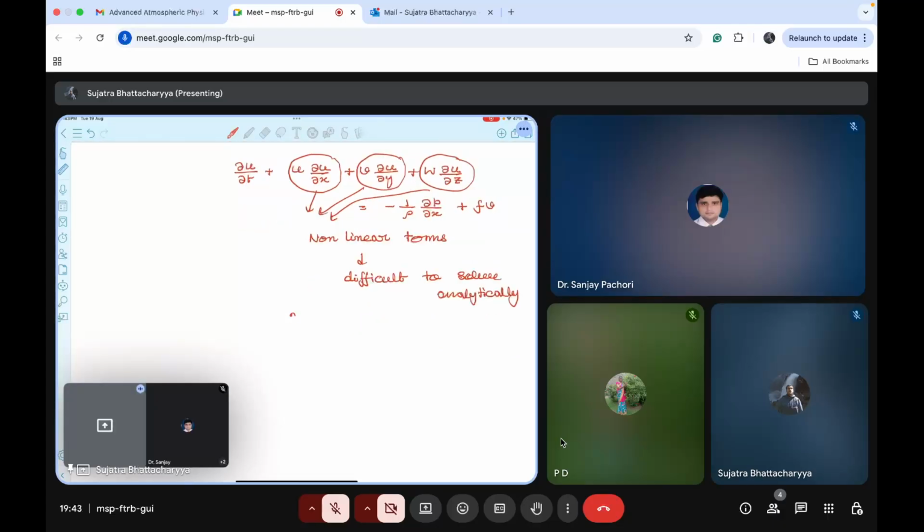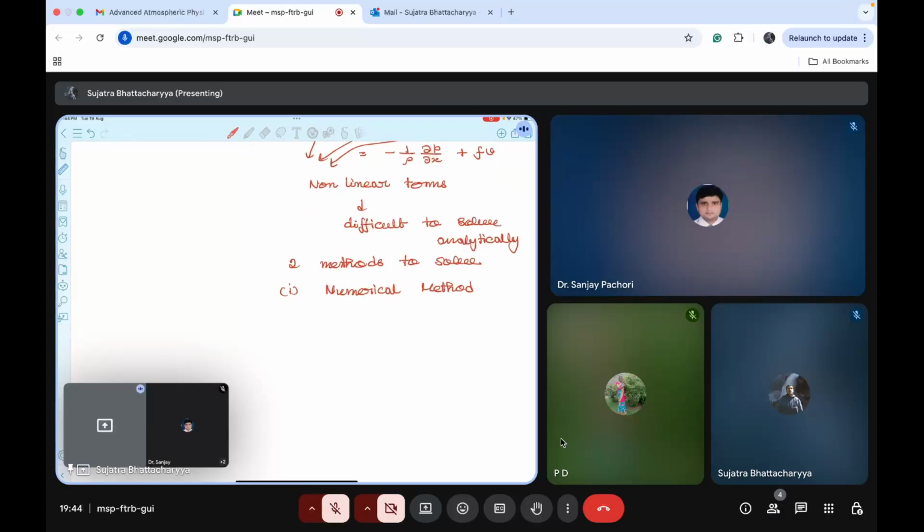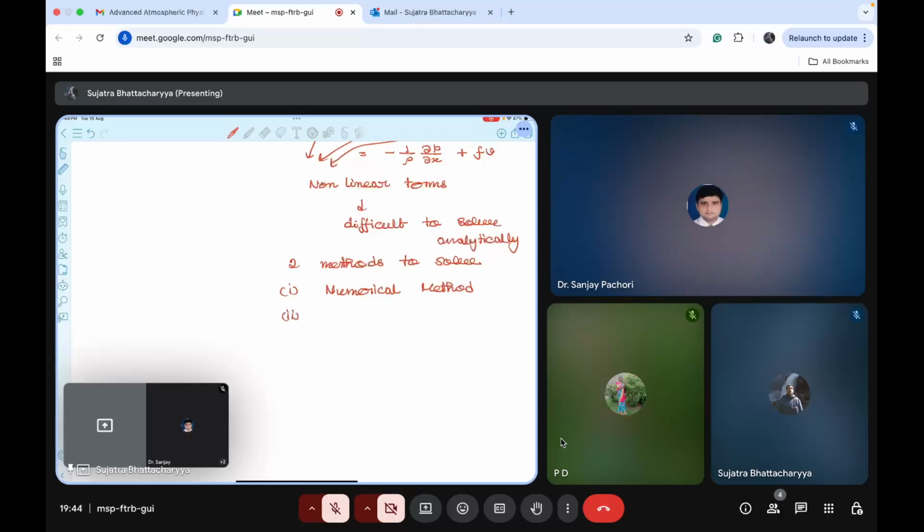There are two methods for the non-linear partial differential equations. One is the numerical method, which consists of the finite difference method, forward iteration, backward iteration, all those things. And the second is your wave perturbation method.